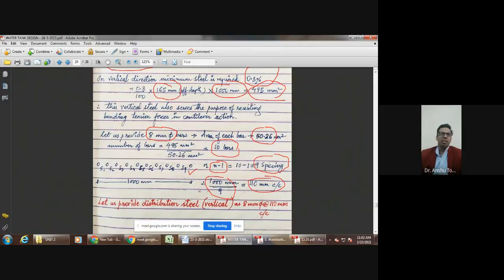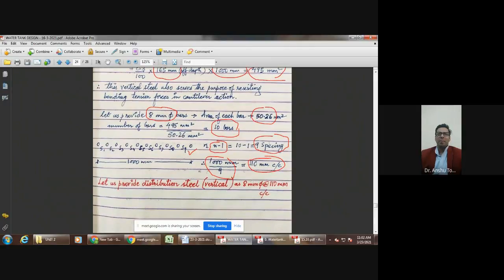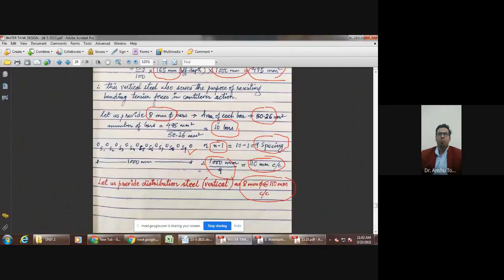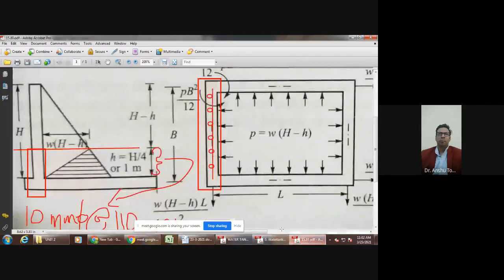This becomes your distribution steel. 8 mm dia bars at the spacing of 110 mm center to center. This is the vertical steel in this direction. Okay.